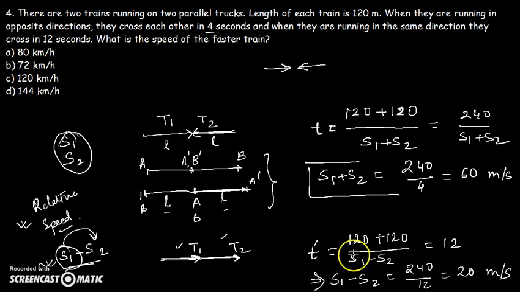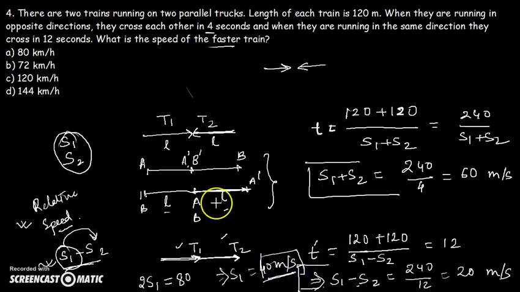This is one equation and this is the other. From here we have to find out the speed of the fastest train. As you realize, S1 plus S2 is given, S1 minus S2 is given. If you add them up, you will get 2S1, and that should be equal to 60 plus 20, that is 80, and S1 will be 40 meter per second.